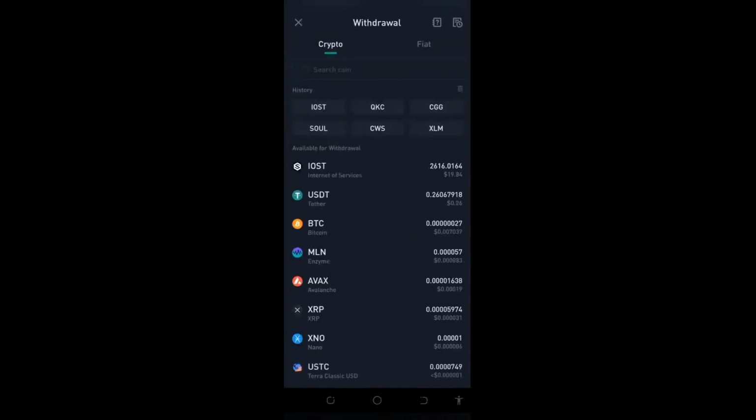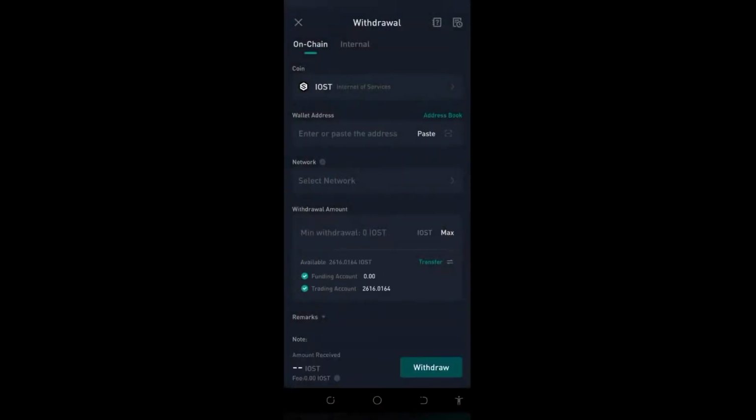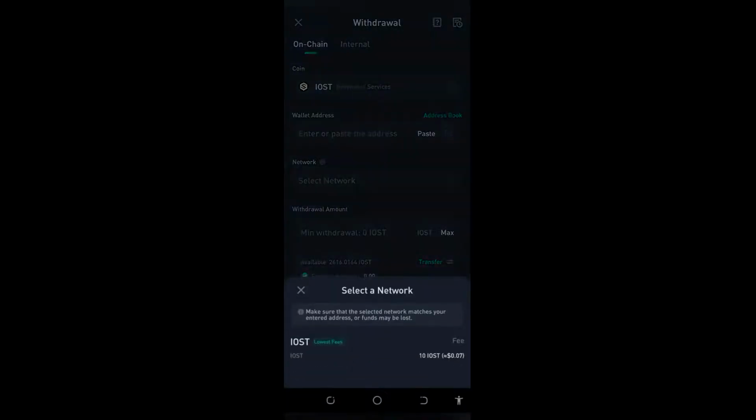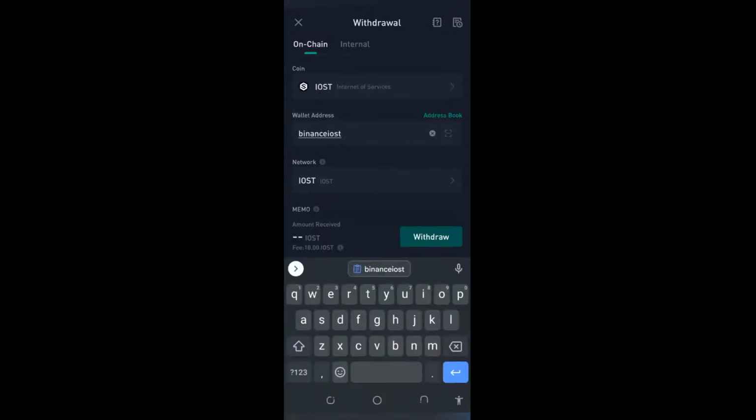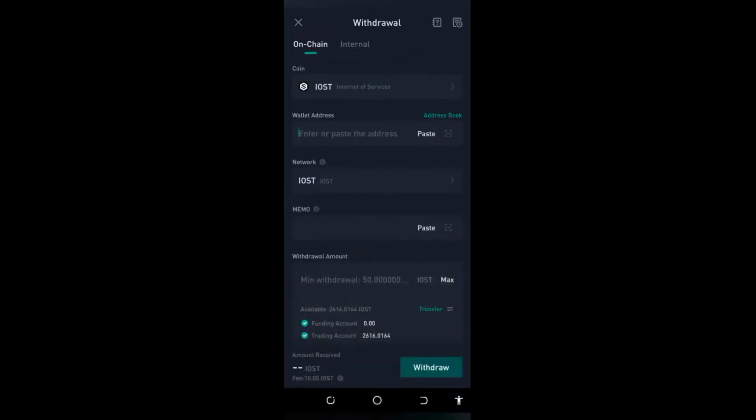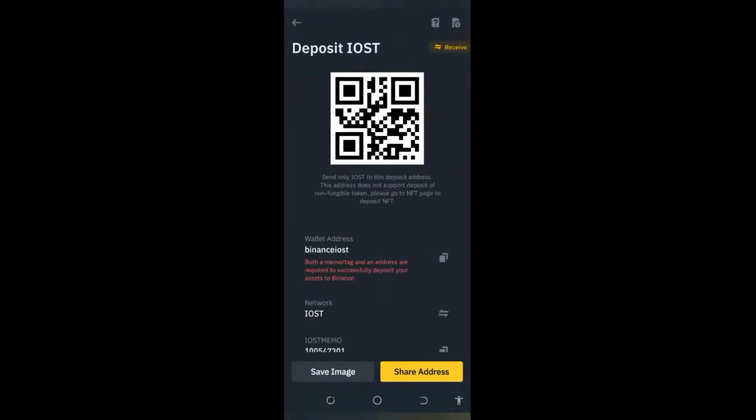So we're withdrawing that quickly. And the network is IOST. Yes, IOST. Correct. Where's the address? Okay, so I was looking for the address. Sorry. I think I copied the wrong thing. Let's go back and copy the right thing.